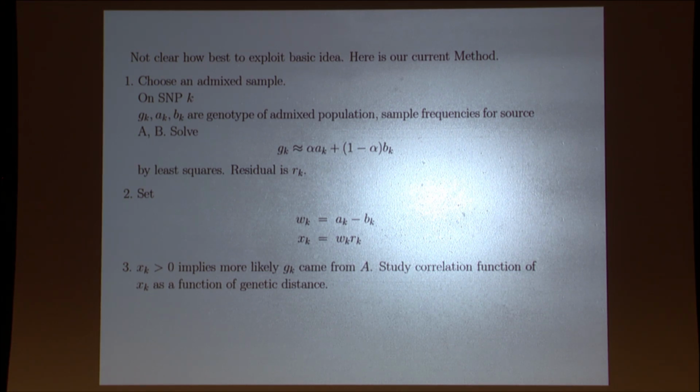You take this weight times the residual, and if it's positive, it's more likely that your genotype came from the A population, if it's negative, from the B. So the correlation function of X should be exactly telling you how quickly you decay off into independence. Right? Physicists tend to call this sort of stuff a two-point method, and that's exactly what I'm doing. I'm doing this for every pair of SNPs throughout the genome and averaging the statistics by genetic distance.